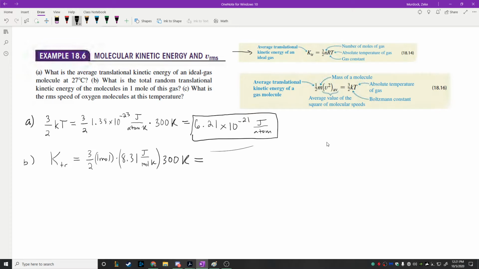And we get some number. Call it 3740 joules. That's just going to be in joules because the moles and the kelvins are going to cancel. So 1 mole of gas at about 27 degrees Celsius has 3740 joules of energy in it, of an ideal gas. It doesn't even matter what type of gas it is in this case, as it turns out.